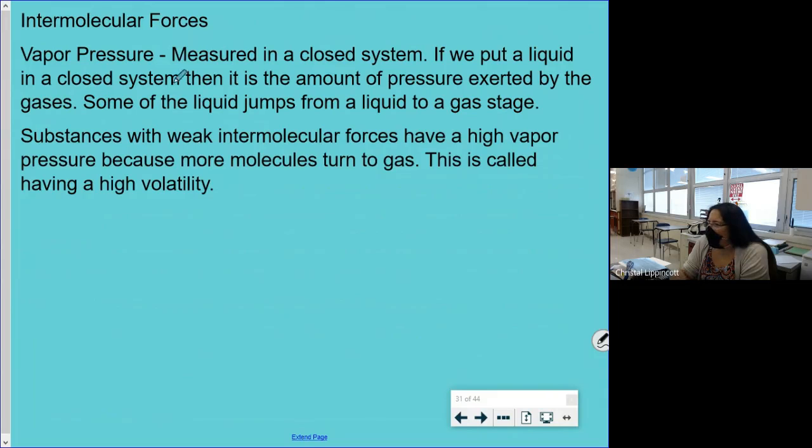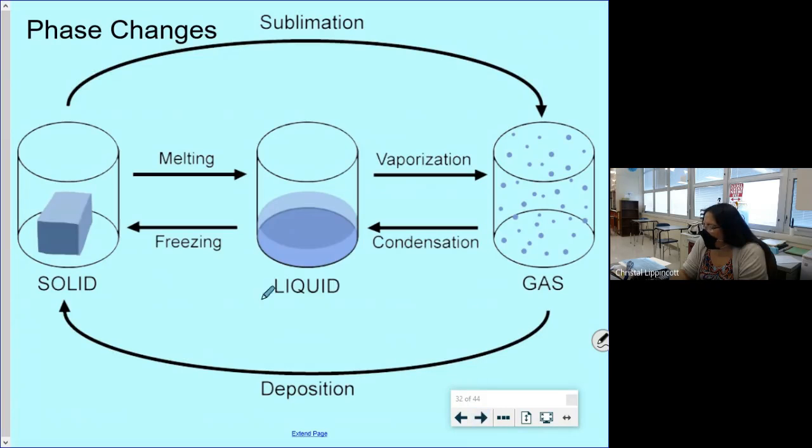Everything's good. Okay, vapor pressure, we talked about that. Do you need to write any of this down, or did you get it from my discussion? Good? Okay, I'll keep moving. And then phase changes. We talked about these back in chapter 3. You should know what these are.